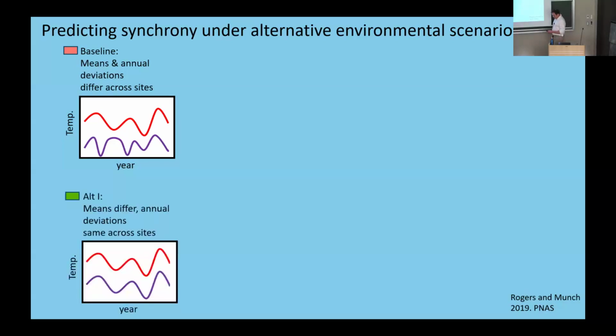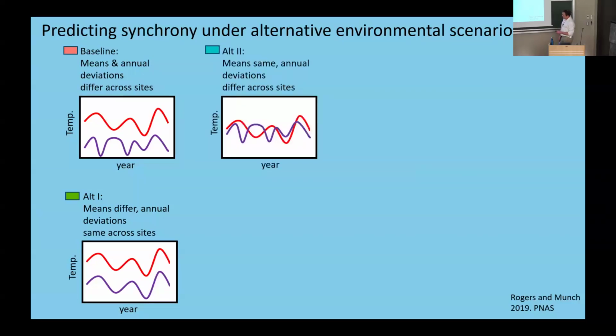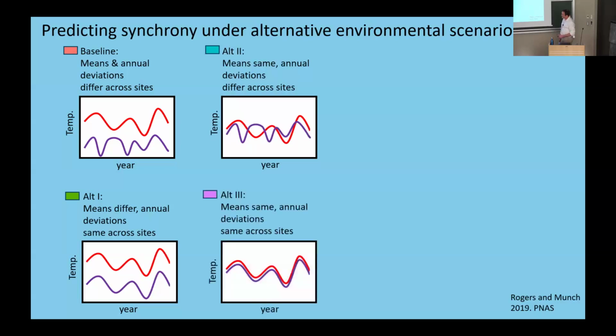Our first alternative is to leave the differences in mean intact, but make the interannual fluctuations perfectly correlated. Our next alternative is to leave the interannual fluctuations intact, but take away the difference in means. And then the last is to make the environment exactly the same for all locations.